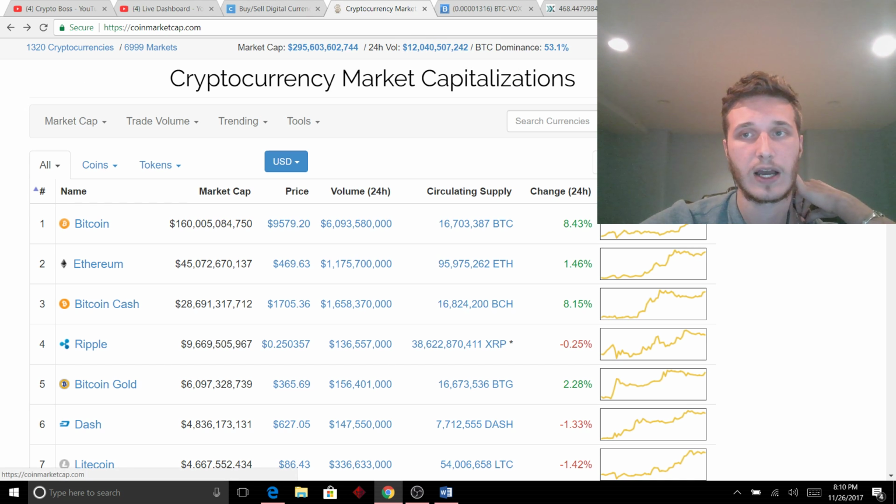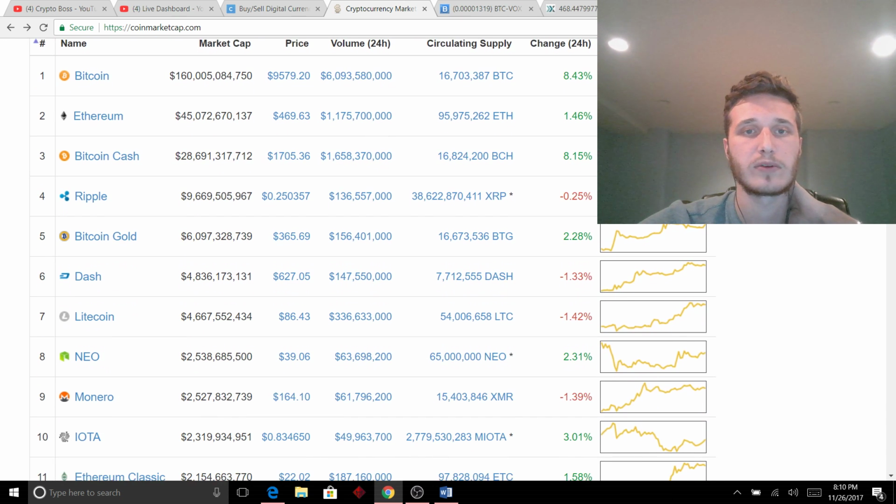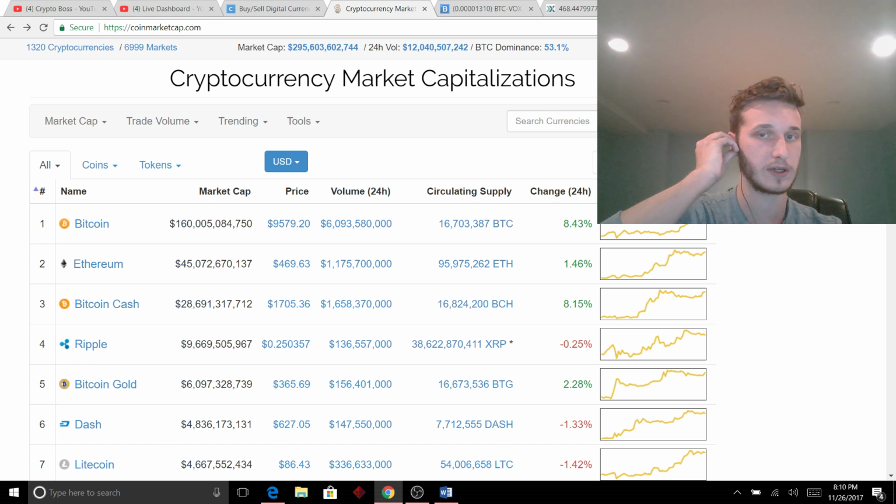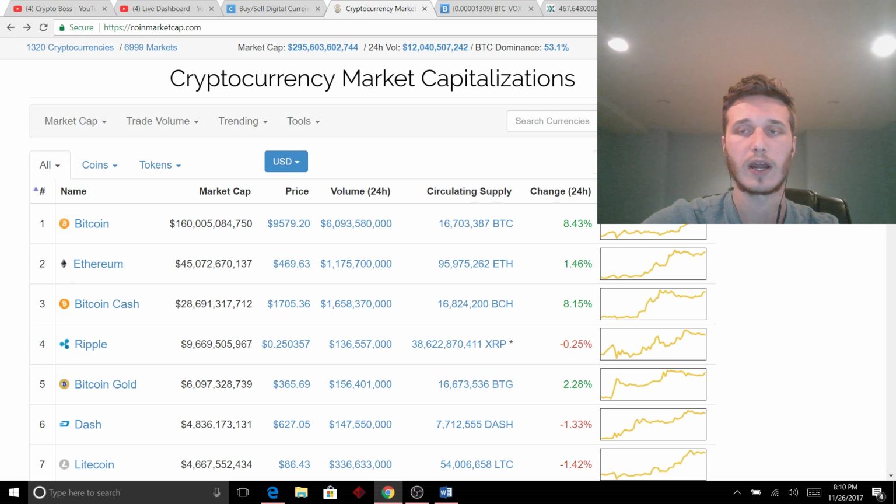So I don't usually look at anything past the top 300. But sometimes if there's a lot of hype about a coin that's smaller cap, you can make a lot of money on it. But I would be skeptical, and I would keep an eye on the coin if it's that small.